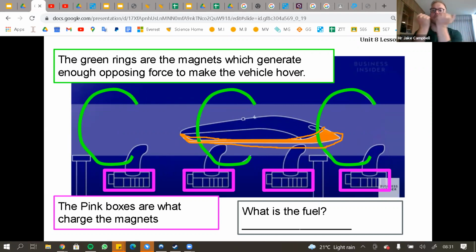So if I put south and south together, will it connect or push apart? It will push apart. That's it, yeah, good. So remember, opposites attract when it comes to magnets. And using this method, we're able to make a little capsule levitate and go super fast through this tunnel. But if the orange is the north and the green is the south, it will stick to it.